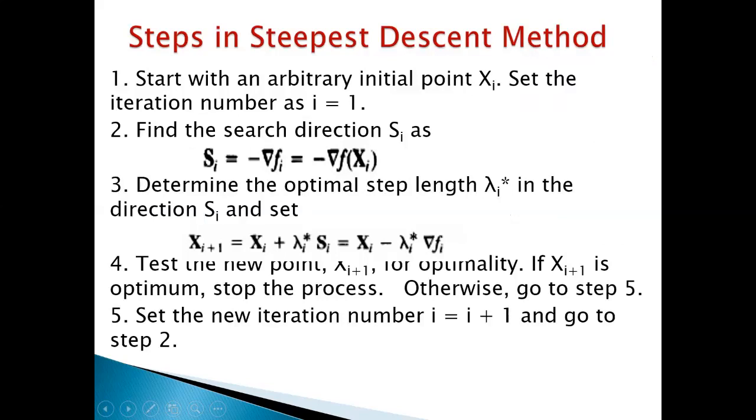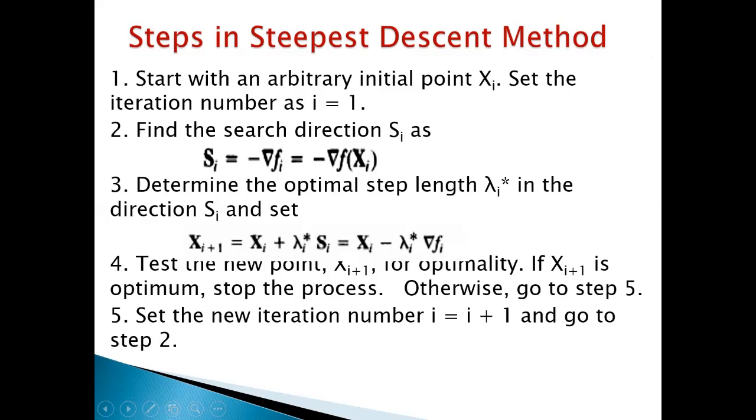This is the general steepest descent algorithm. You take the initial point xi and set the iteration to 1. You find the search direction. If it is descent, it means we are taking the negative of the gradient, so it is negative of gradient of f of xi. Then we determine the step length, lambda i star. We put this in an equation to find the next point, that is xi plus 1 is equal to xi plus lambda i star si.